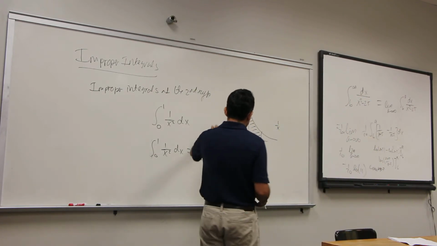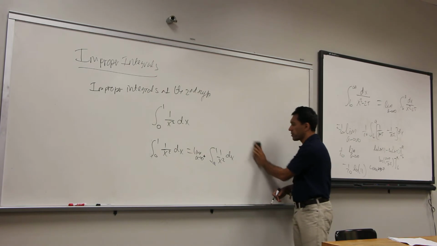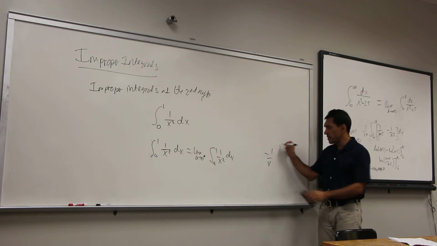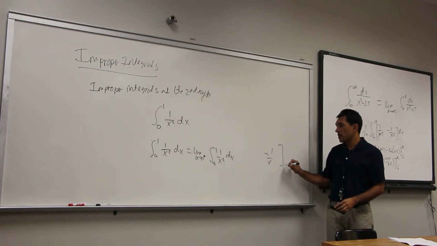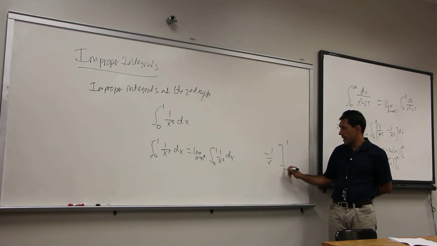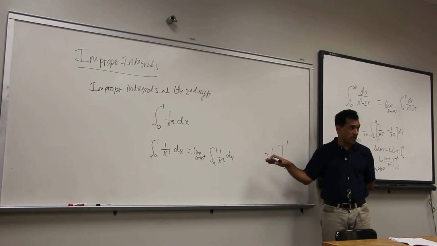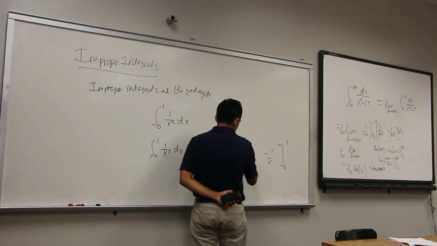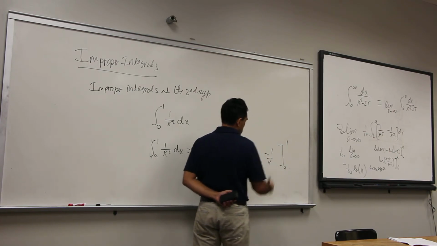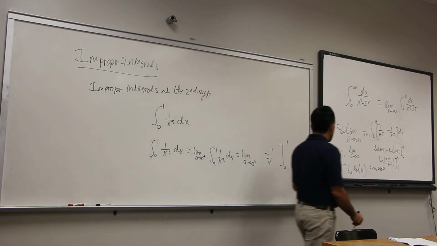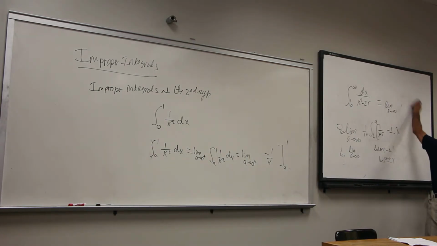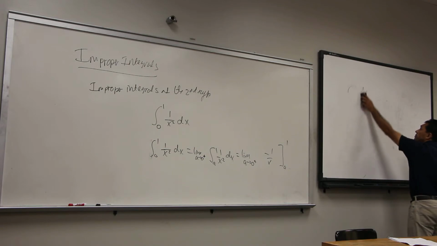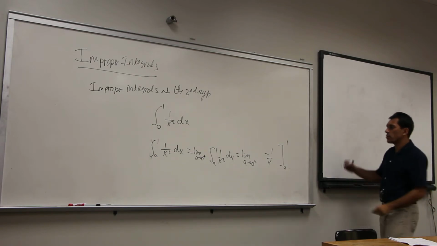Well, what is the antiderivative of this thing? Negative 1 over x. Evaluated at 1 and a.